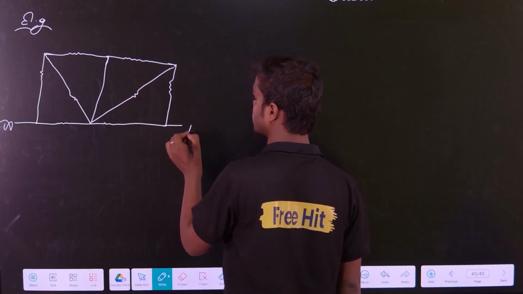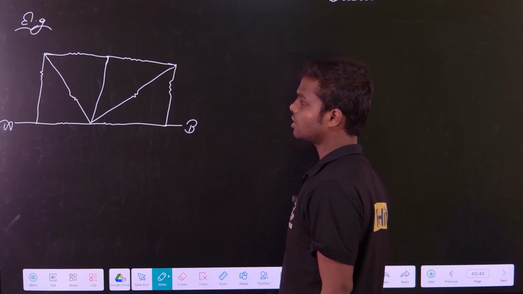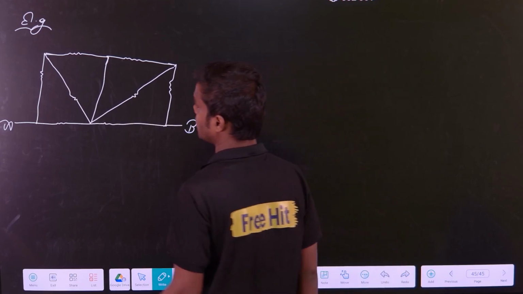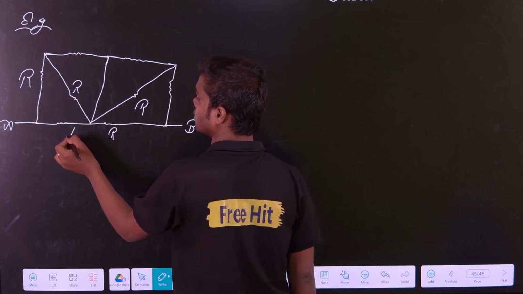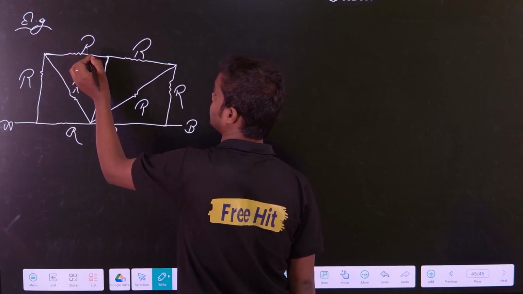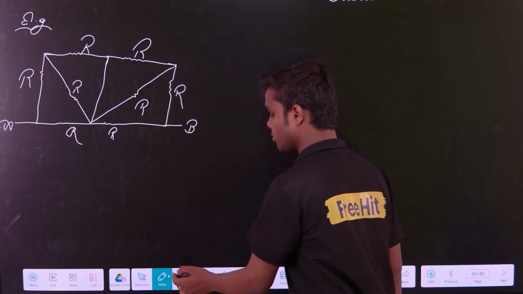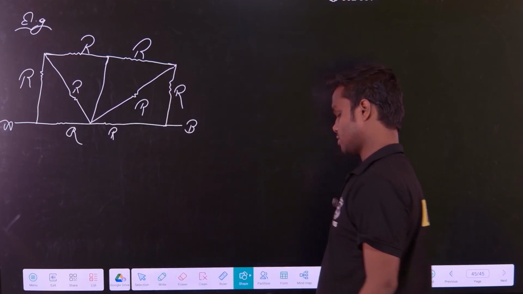A point, this is B point, okay? Okay, this is the case, and all resistances are R, R, R, R. This is also R, this is also R, this is also R, and you have to find R equivalent. First of all, test whether there is a vertical symmetry or not, and then try to solve it. Clear?